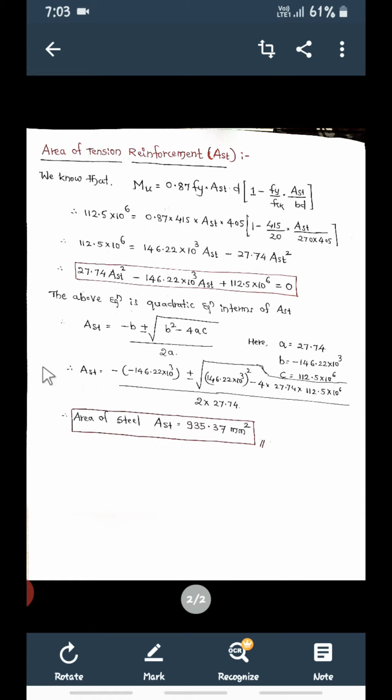So depending upon that, we have found out the ultimate moment of resistance. Or sometimes we will go to calculate the load UDL, which can be on the beam section. Those are first type problems. And in second type problems, moment will be given, and we need to calculate the area of steel.